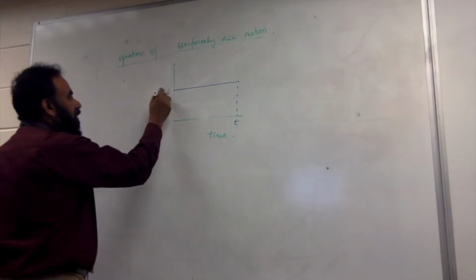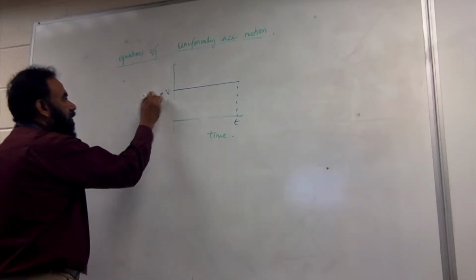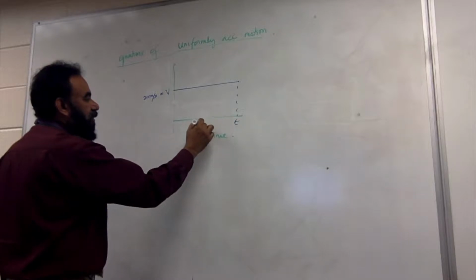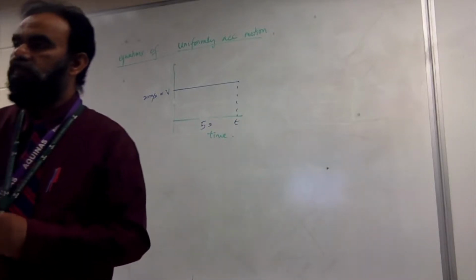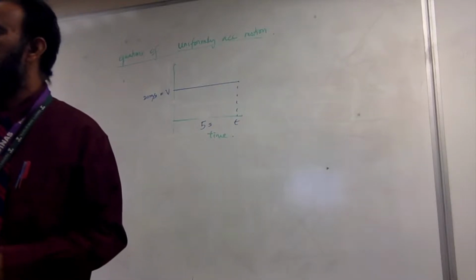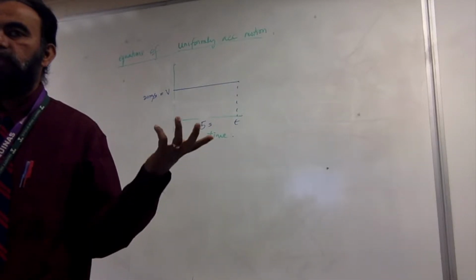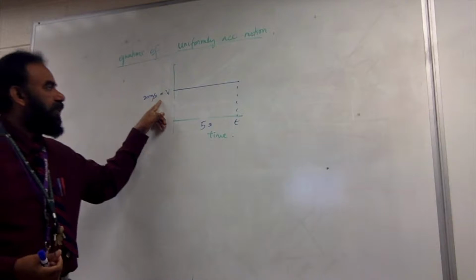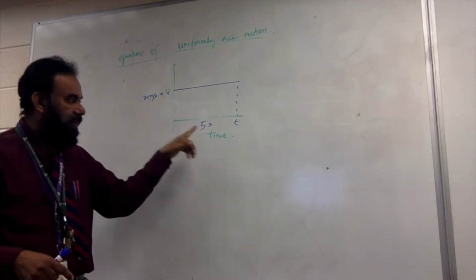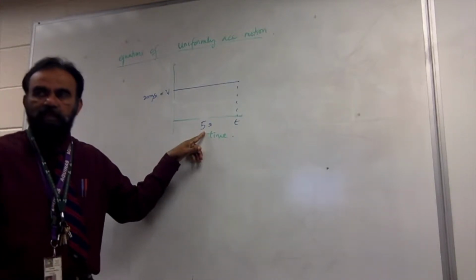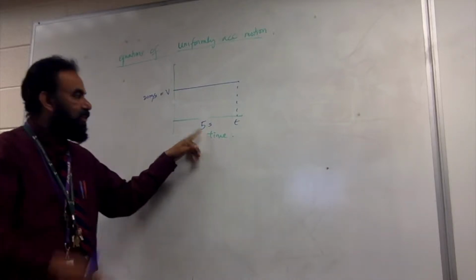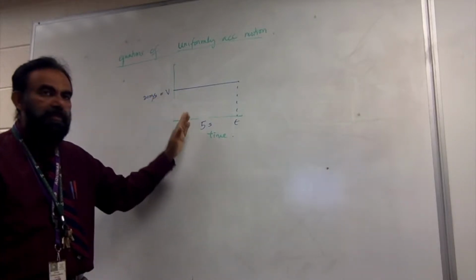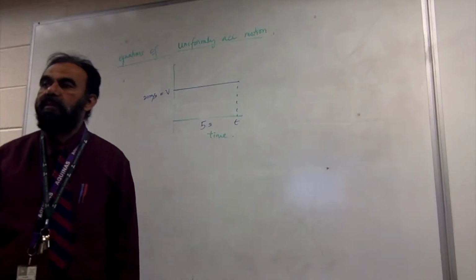Let's say for example this is 20 meters per second and it's moving like that for 5 seconds. How far has it traveled? How much? 100 meters. It's so easy, right? In every second it's covering 20 meters. So 20 meters and 20 meters and 20, so 100 meters is covered.